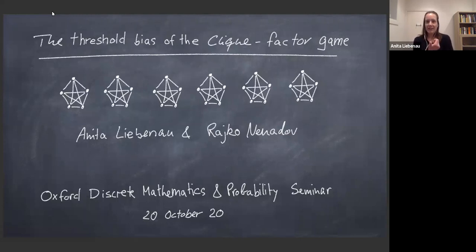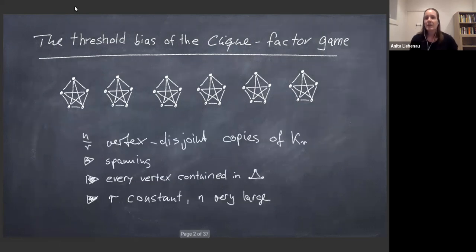So what is a clique-factor? Which game am I talking about? And then what's the threshold bias? So let me start right away with telling you what a clique-factor is. A clique-factor for this talk is just a collection of n over r vertex-disjoint copies of K_r.